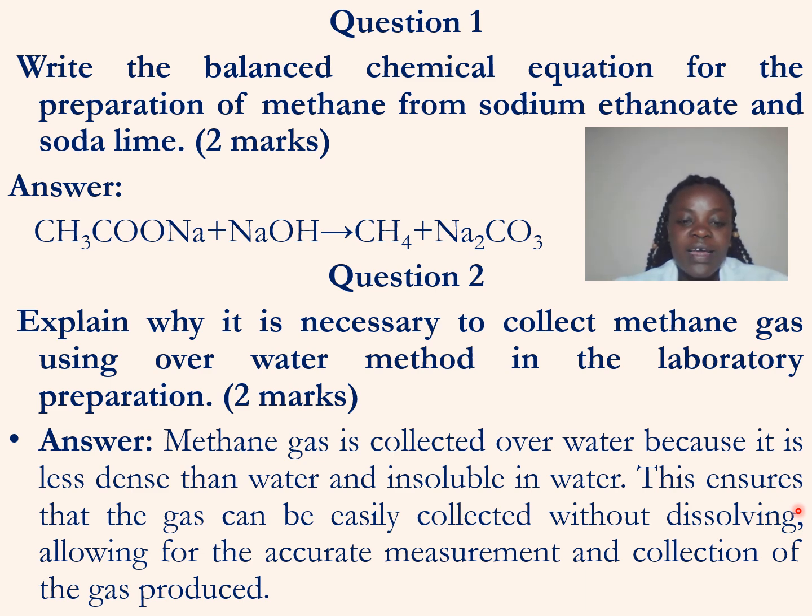But if you are required to explain, you have then to continue and say the method ensures that the gas can be easily collected without dissolving since it is insoluble, and it also allows accurate measurement and collection of the gas that is being produced.